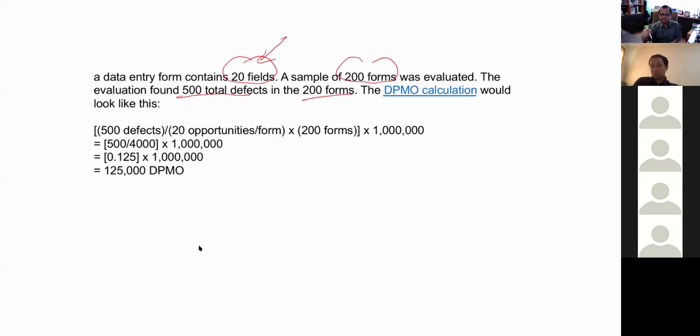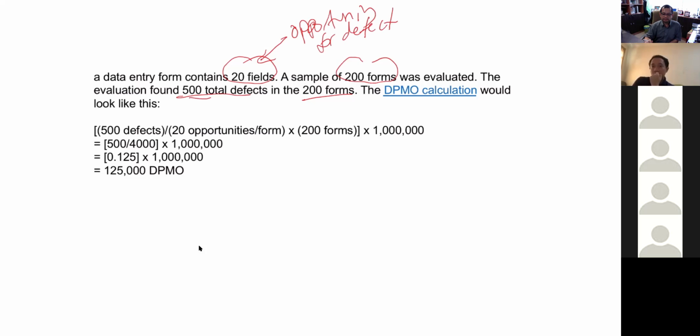So 20 blank fields to be filled by the people for one form means that's the opportunity. And how many defects do we have? 500.